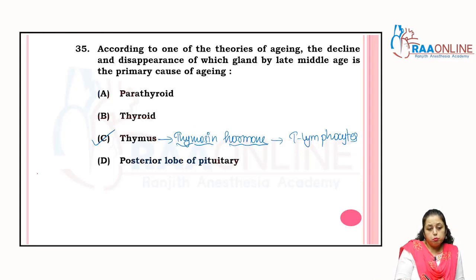When we talk more about the thymus gland, right, it is composed of two identical lobes. Thymus is endodermal in origin, right?